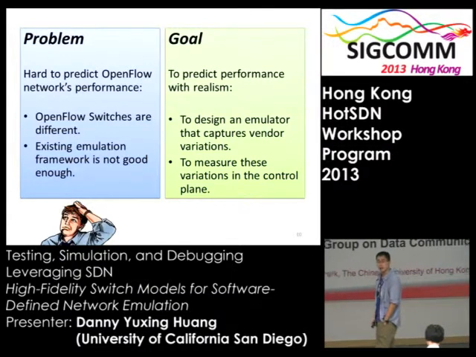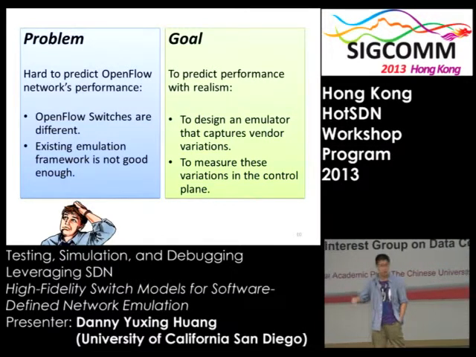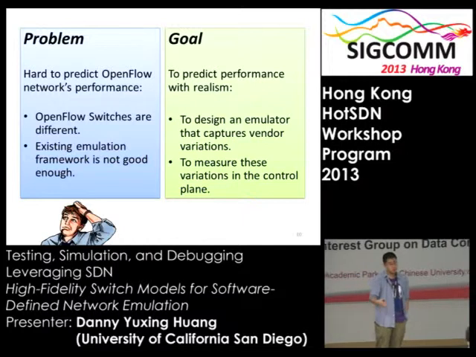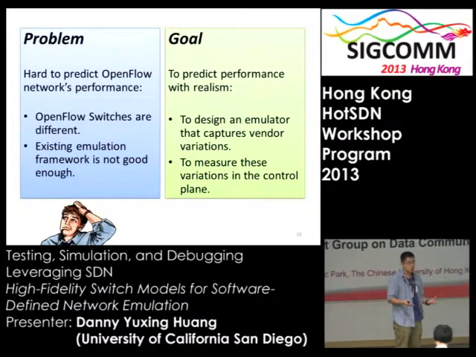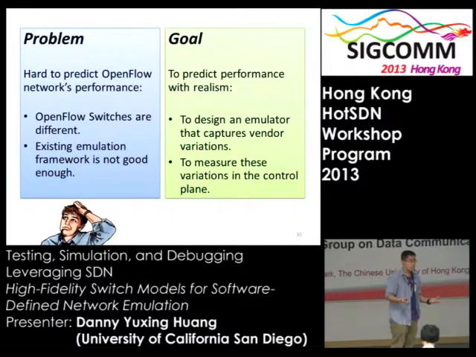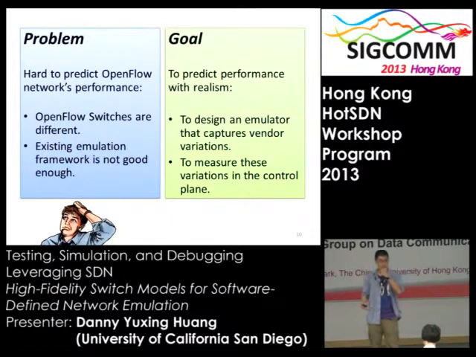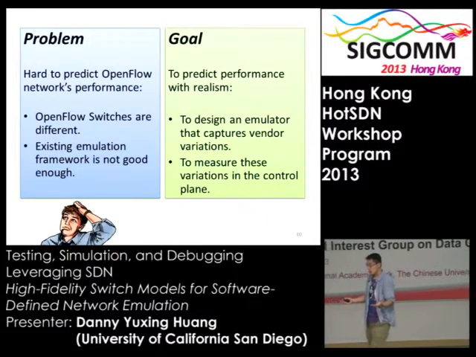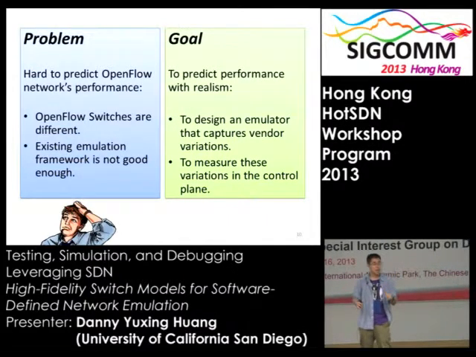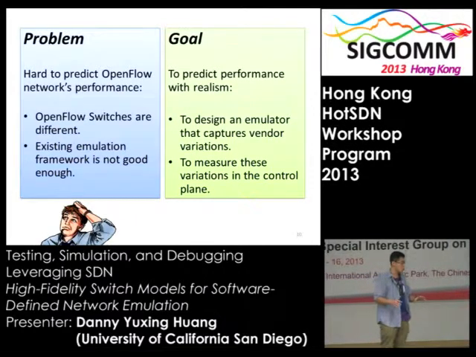But different vendors have different implementations of OpenFlow, and you get different performance variations. You could use existing emulation techniques, but they're just not good enough. Either they fail to capture the control plane, like Emulab or ModelNet, or they aren't able to capture the variations between all the hardware switches.